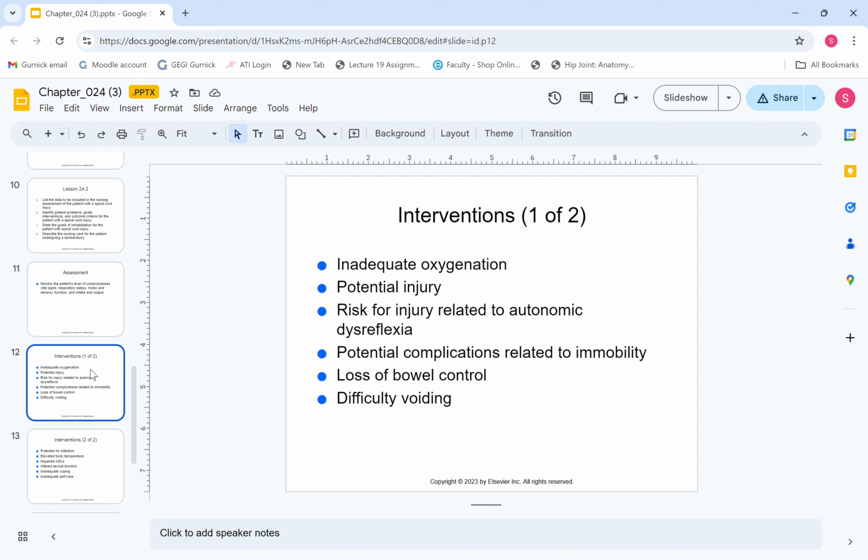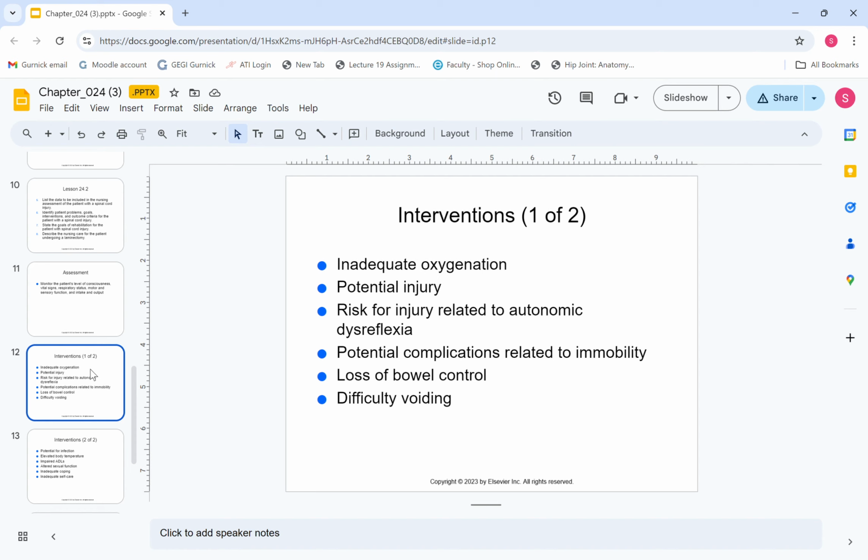And you can have issues with those on lower spinal cord injuries. All right, so we want to make sure they're breathing well enough to oxygenate their tissues, right? So we're going to do the things we would normally do, and one of those would be to check their pulse ox. Maybe we'll check their capillary refill. All right, so we're going to keep an eye on their oxygenation.